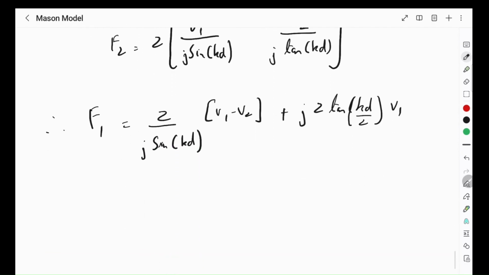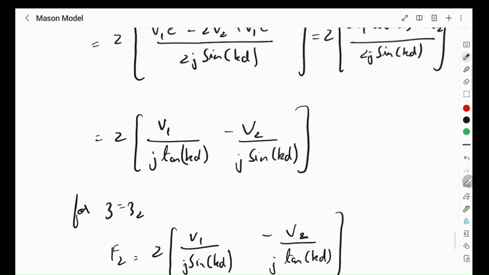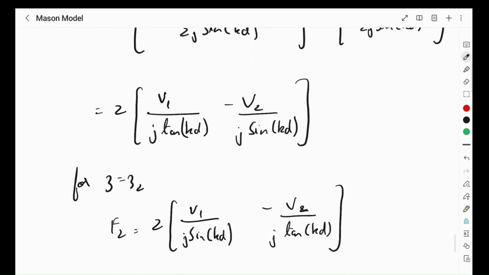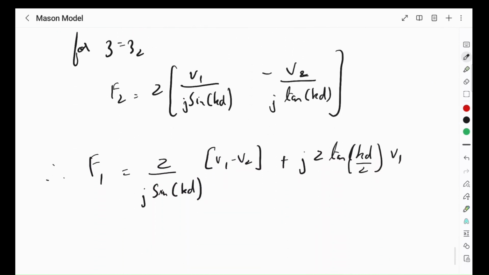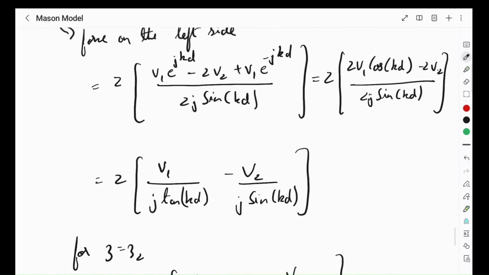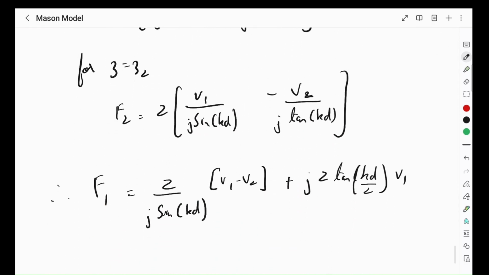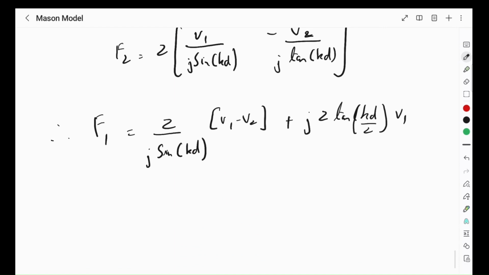How I got this? This F1 is now in terms of v1 minus v2 and v1, so you can just add more terms.